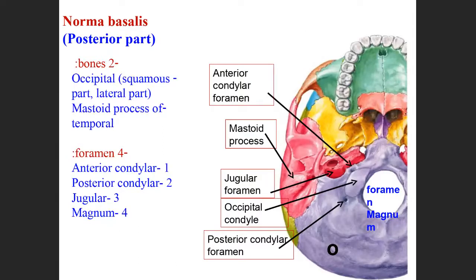Same as in the posterior part. What are the bones forming the posterior part of the base of the skull? They are the occipital bone. Which part of the occipital bone? The squamous part, the lateral part, and the mastoid process of the temporal bone. And what are the openings?